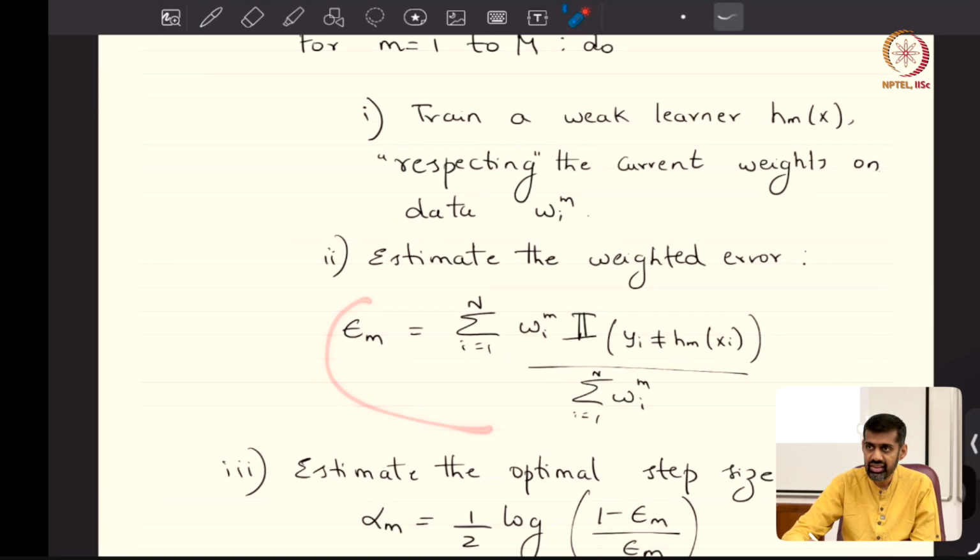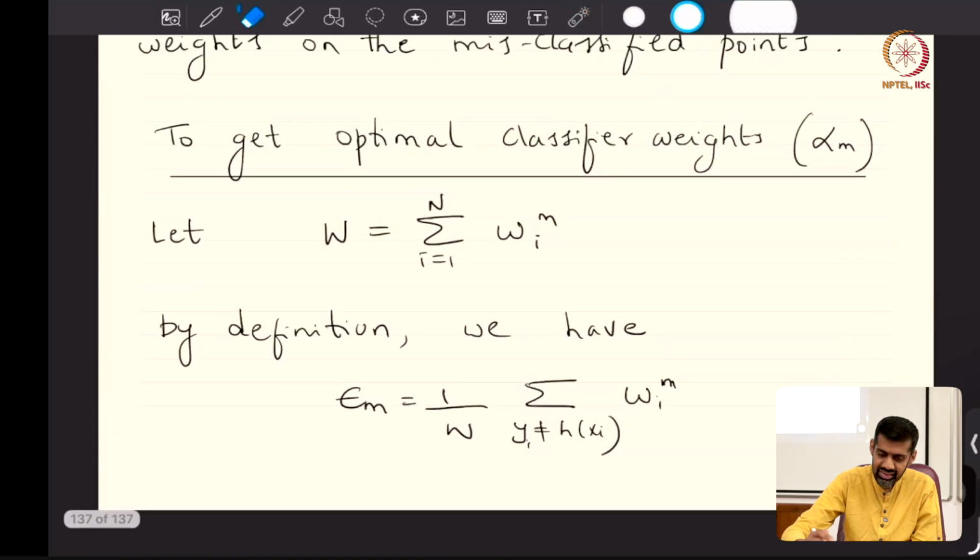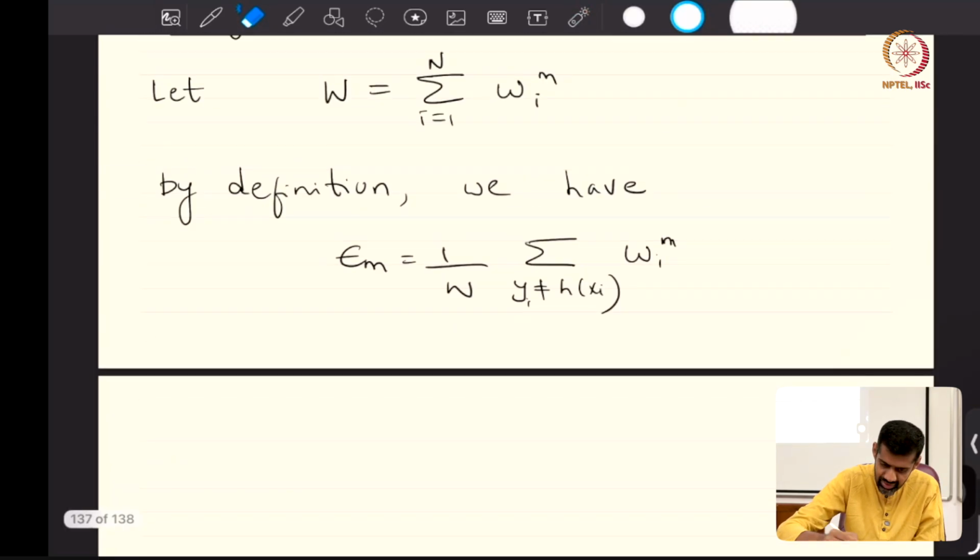Instead of writing an indicator function here, I wrote this in the summation. Do you see both of them are the same? Okay, I will write it that way.